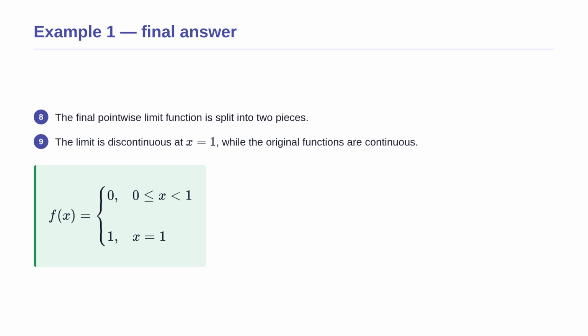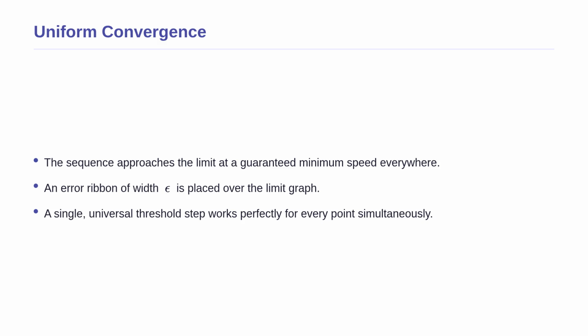It tells us immediately that the convergence cannot possibly be uniform. If we try to put a tiny, straight error ribbon around this broken limit function, the smooth, unbroken curves of the sequence will always have to stretch across the vertical gap, meaning they will always poke outside the ribbon near x equals 1.